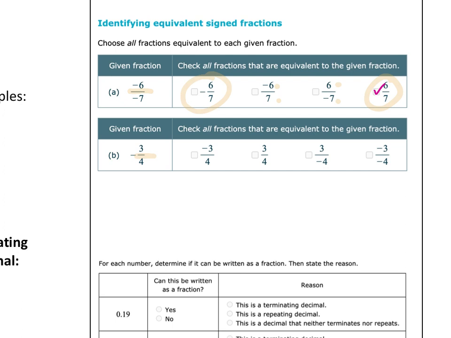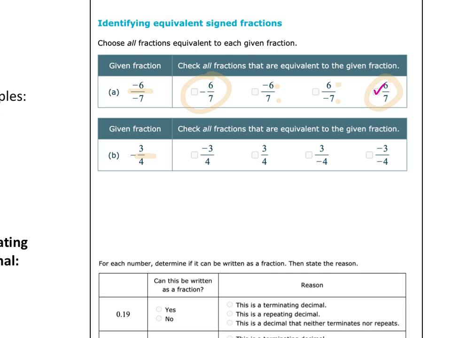When we look at B, we have negative 3/4. So quickly pick which one would come out to be negative 3/4. So of course we're looking to see which ones have one negative and one positive, right?